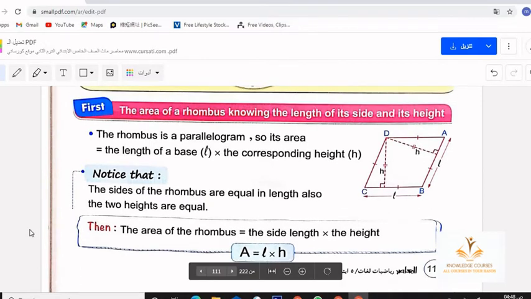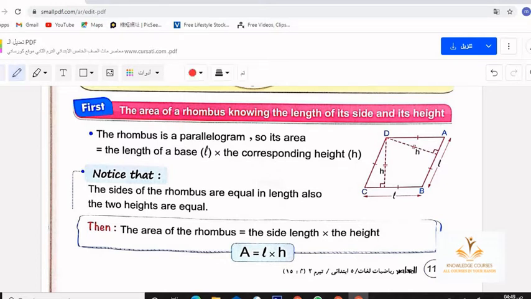The area of the rhombus, when the base equals L and the corresponding height on its base equals H. This height corresponds to this base, and this height corresponds to this base.